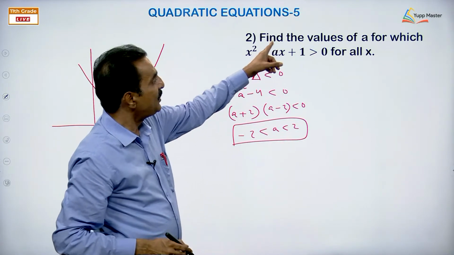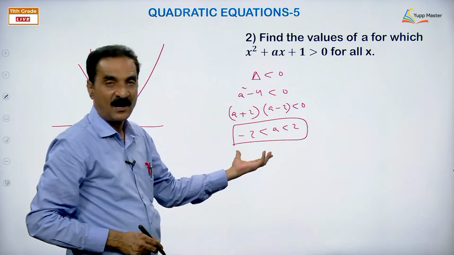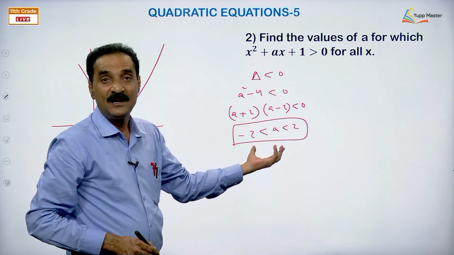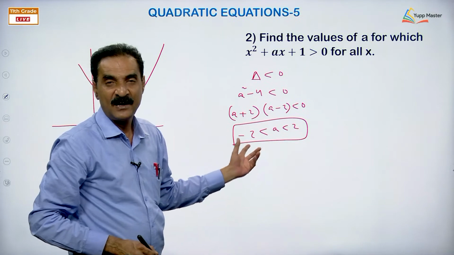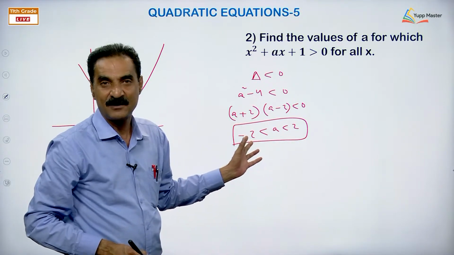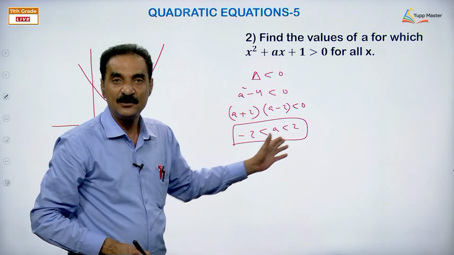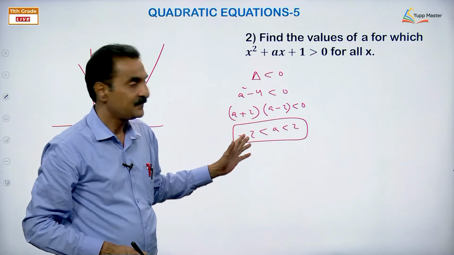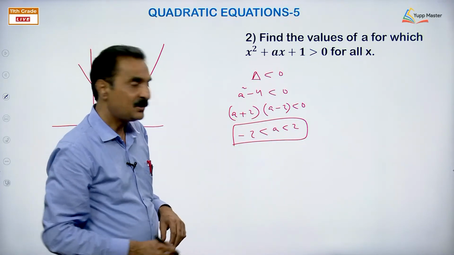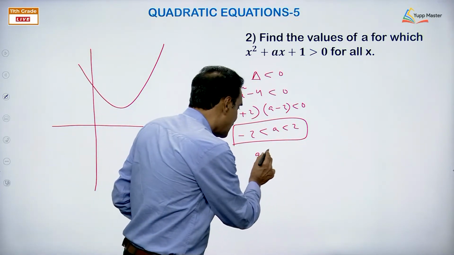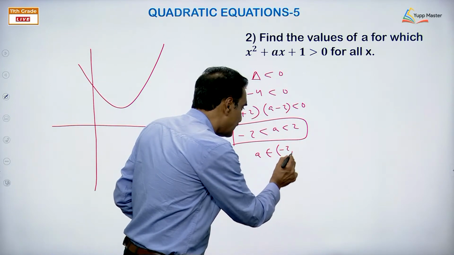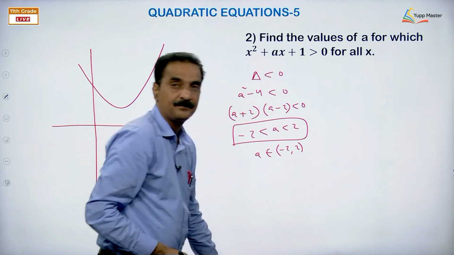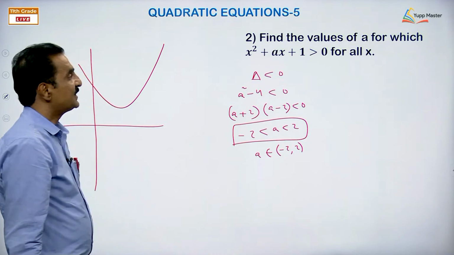Okay. Find all values of a. The values of a are the open interval minus 2 to 2. When end values are not included, it is called an open interval. When end values are included, it is called a closed interval. So, this is the answer. You can also write it as a belongs to the open interval minus 2 to 2. Next question.